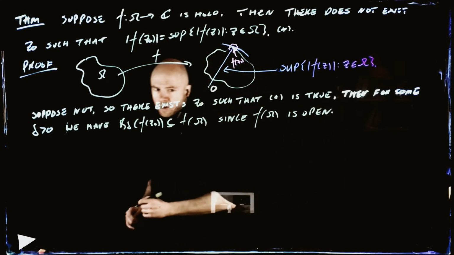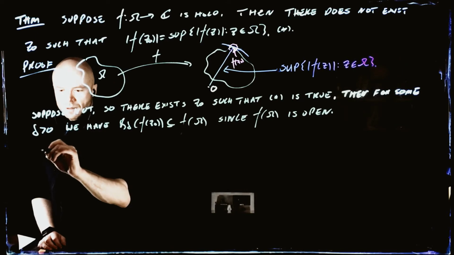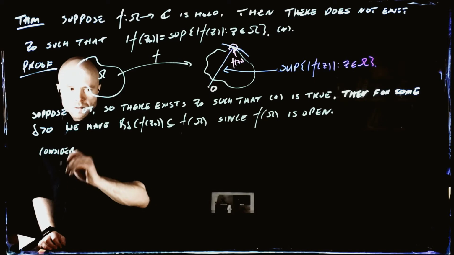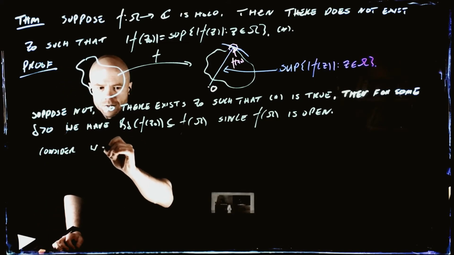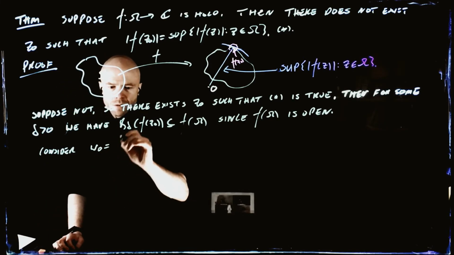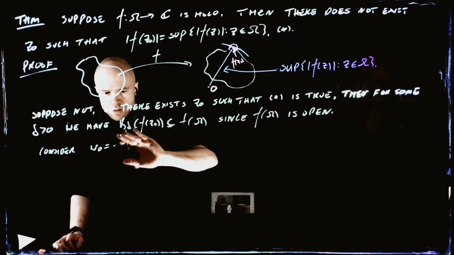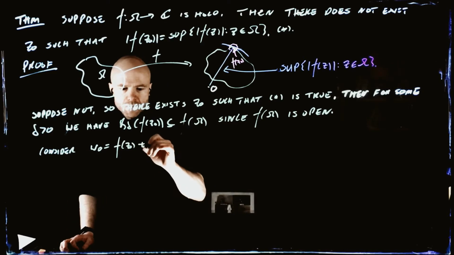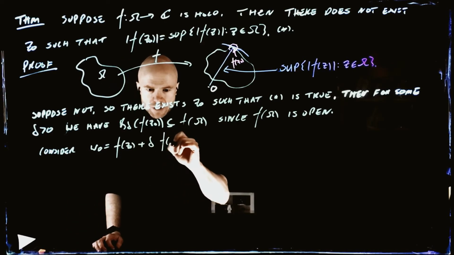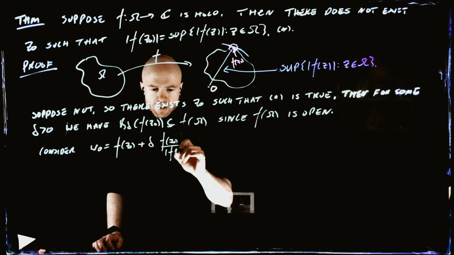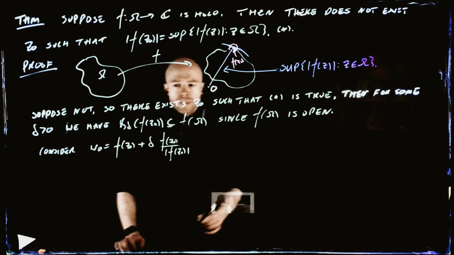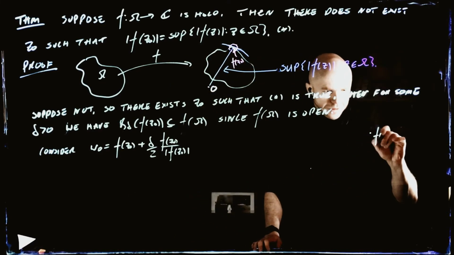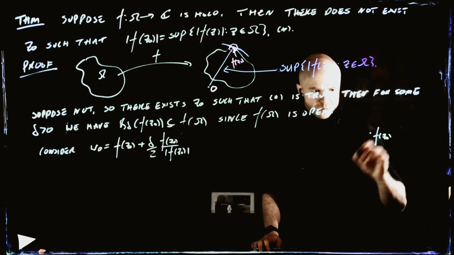But then consider the point like this. So consider, say, w0, which is equal to f of z0 plus delta over 2 times f of z0 over absolute value f of z0. So what am I doing? Here is f of z0. Over here is somewhere like 0.